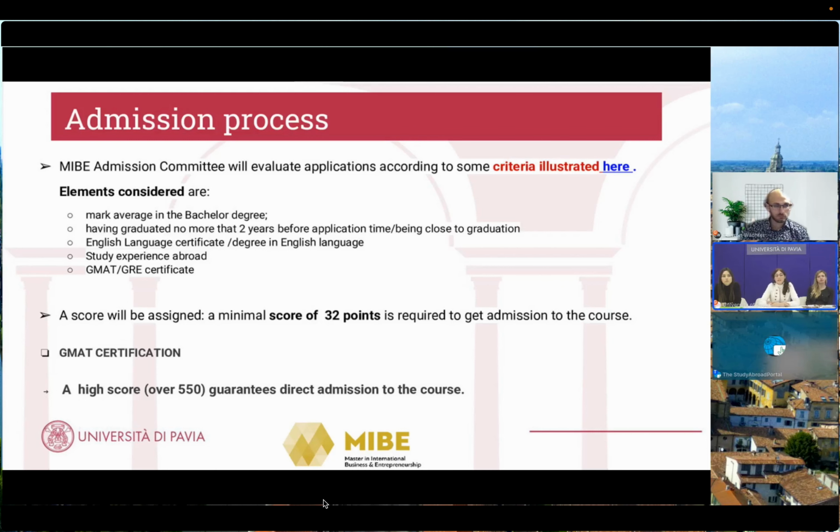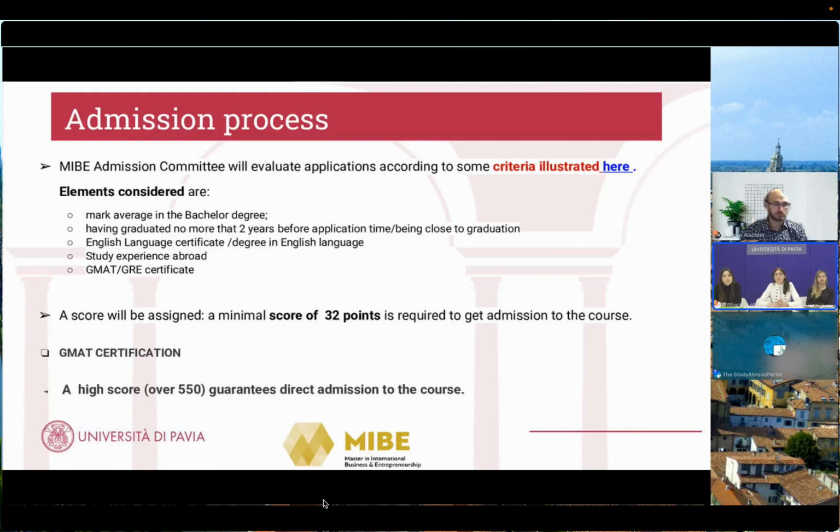The first one is to have a good mark average in your bachelor degree, or final grade or GPA. Then you also get some points if you have graduated quite recently, no more than 2 years before the application date, or you're very close to graduation.